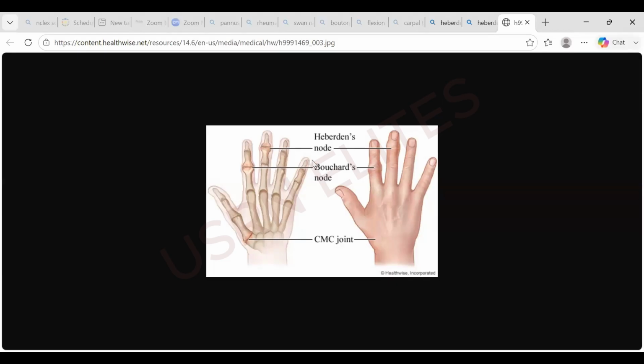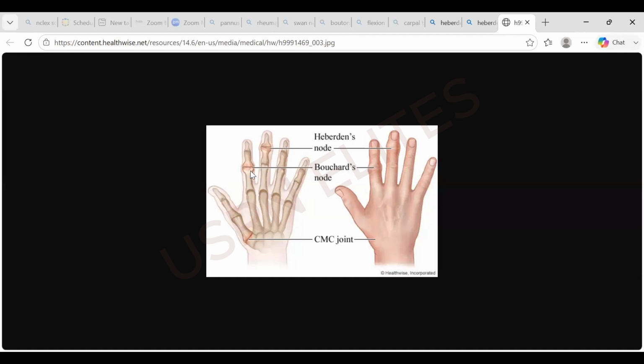But with osteoarthritis, it's hard, bone. Osteo means bone. So with Heberden's nodes, we're looking at high, very far, that is the distal phalanges. And the Bouchard's nodes, we're looking at the one below it.